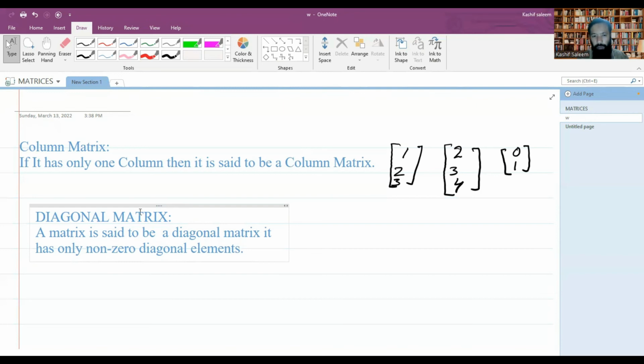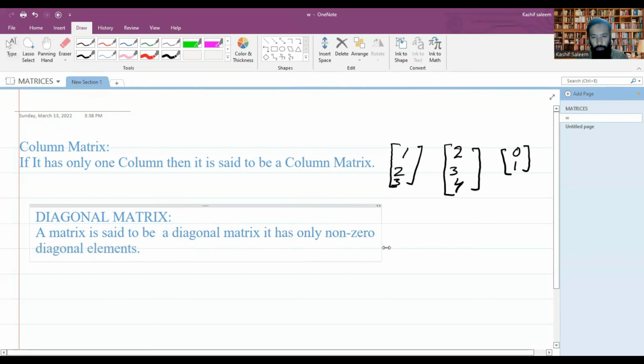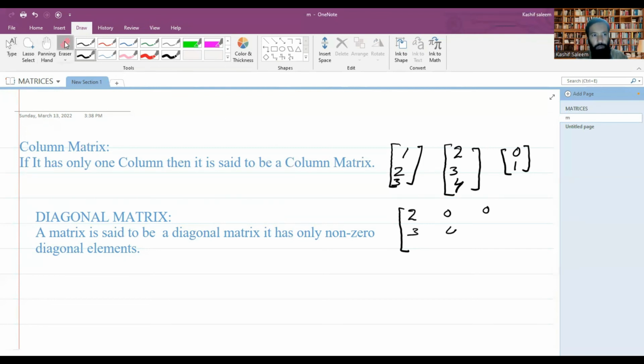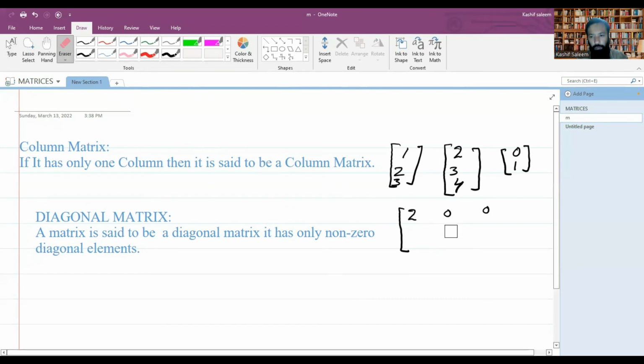So if I write here 2, 0, 0, 3, sorry, 4, all the other elements are 0.